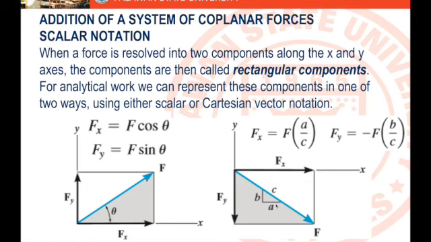So a squared plus b squared is equal to c squared. Okay, so we have here this ABC triangle.